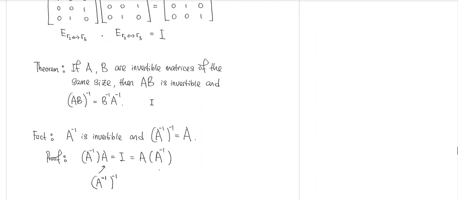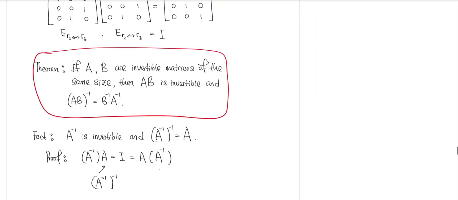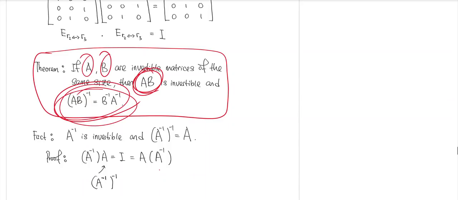Cool. Now, we are almost there. I just want to remind you of two important facts. You've kind of seen this before. Remember, for a theorem, we start with a hypothesis and then state the conclusions. The hypothesis here is that these two matrices are invertible. And if they are invertible, then their product is also invertible, and the inverse is given by this. It's also easy to extend this to 3, 4, 5, or general n matrices.